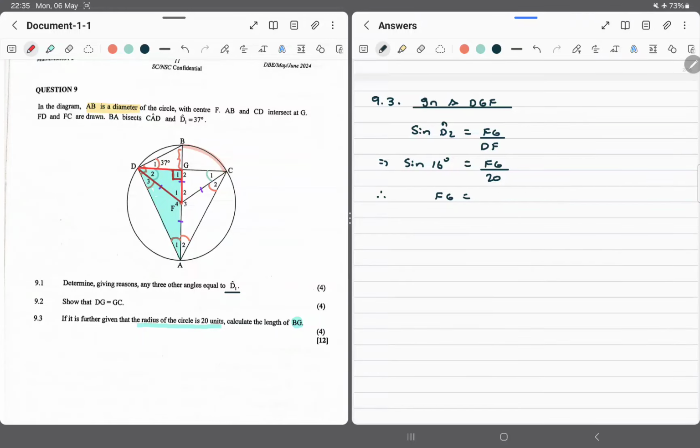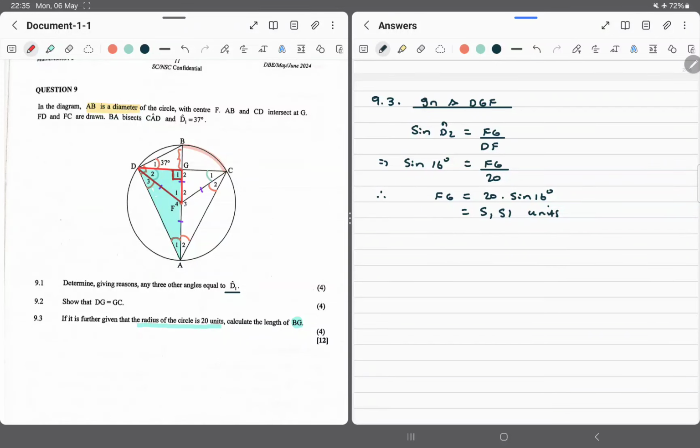Therefore, FG is equal to 20 times sine of 16 degrees. Let's do it. Sine 16 times 20. Now, we will have to round off to 2 decimal places here. This is going to be 5,51 units. Remember, this is a distance.